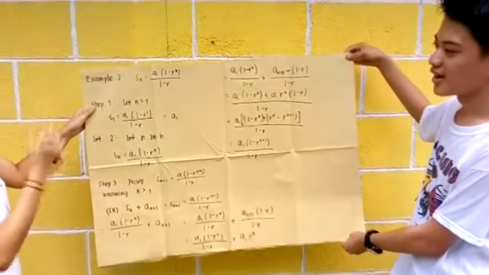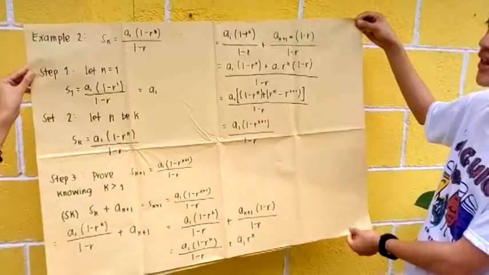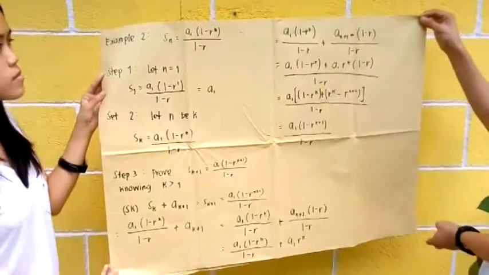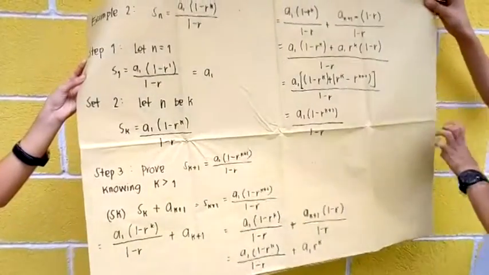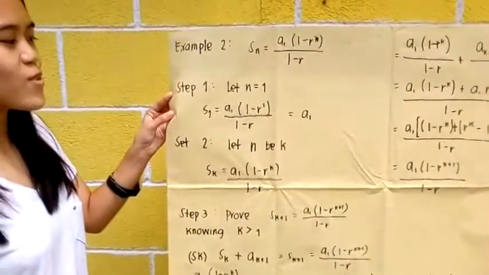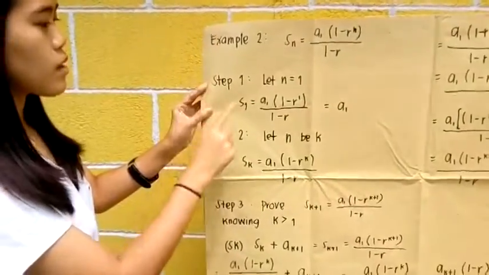Good. So, another example. The summation S sub n is equal to a sub 1 times the quantity of 1 minus r raised to n over 1 minus r. So, step 1. Let n be equal to 1. So we will equate n to 1.